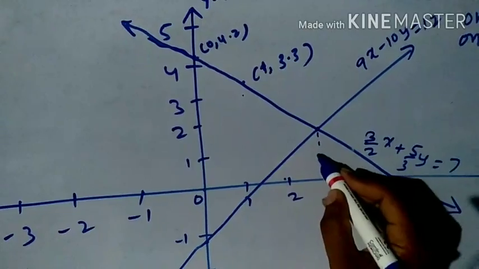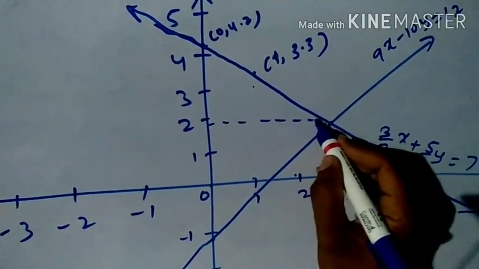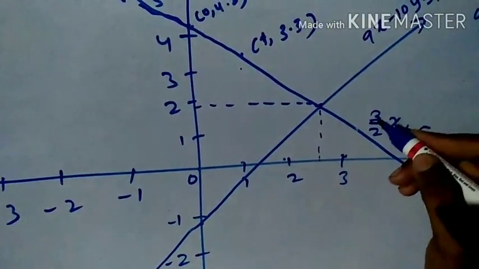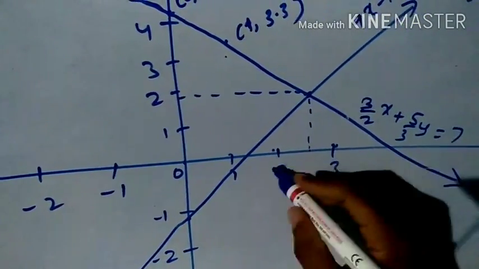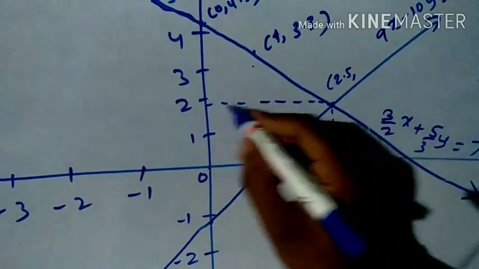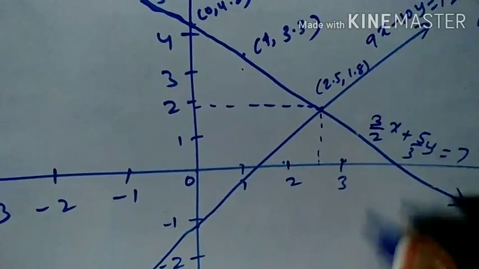So this point is coming like this. The x value lies between 1 and 2, I think 1.8, coming like this.